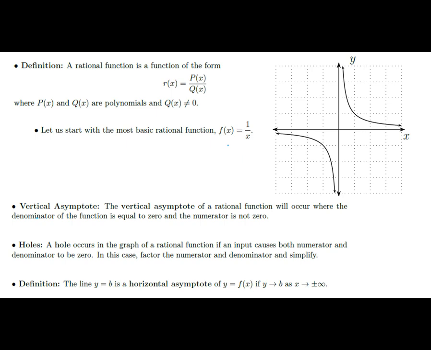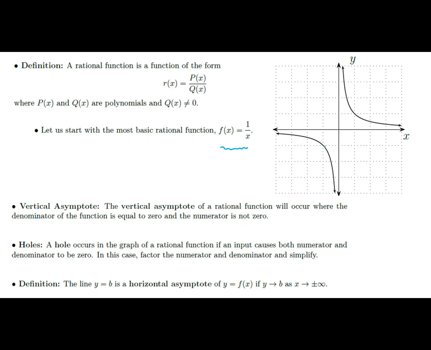But let's start with the simplest rational function we can, which is one of our toolkit functions. f of x is equal to 1 over x. And let's start by thinking about what's happening here when x equals 0 on the y-axis.